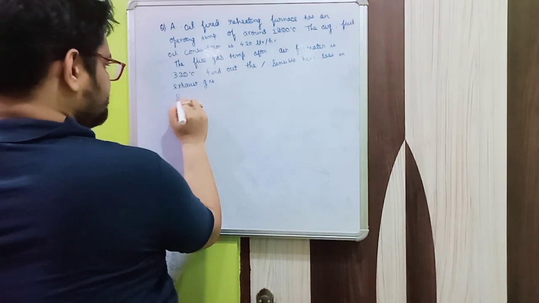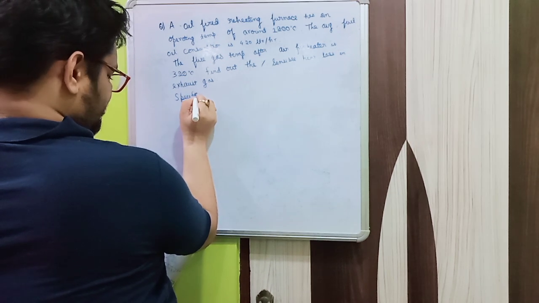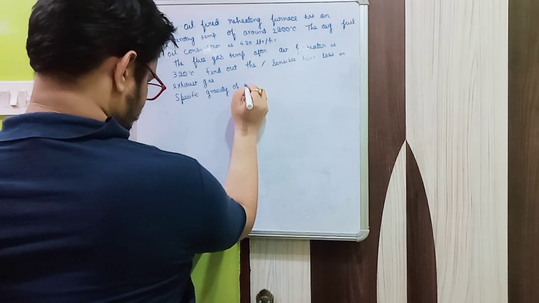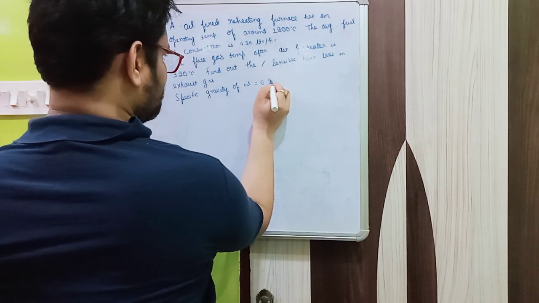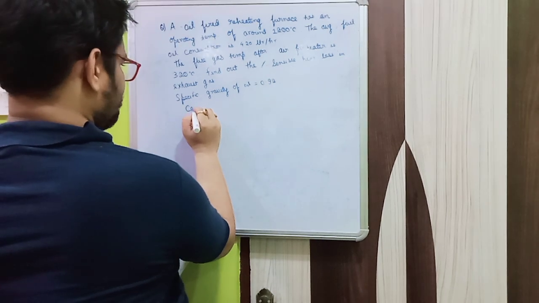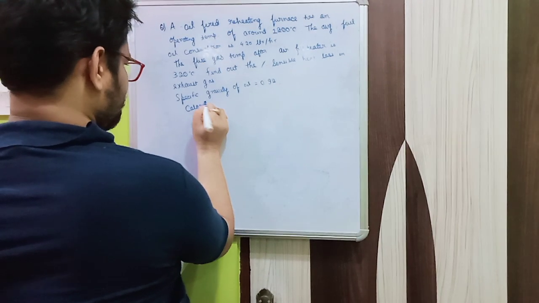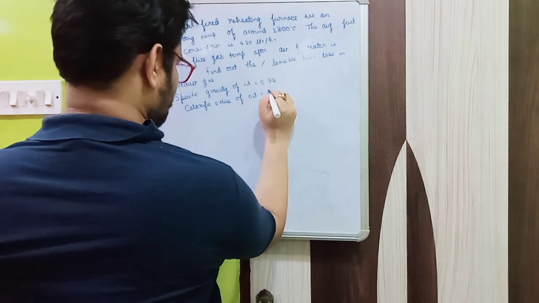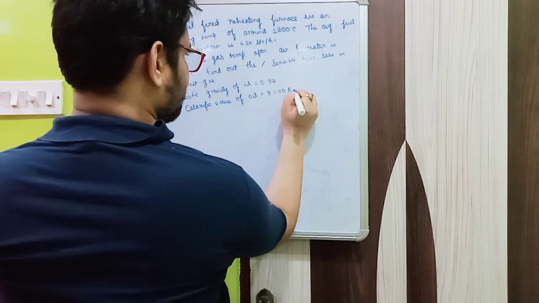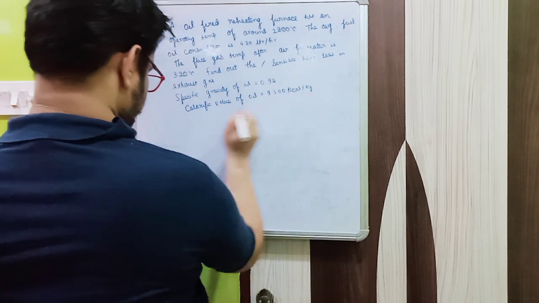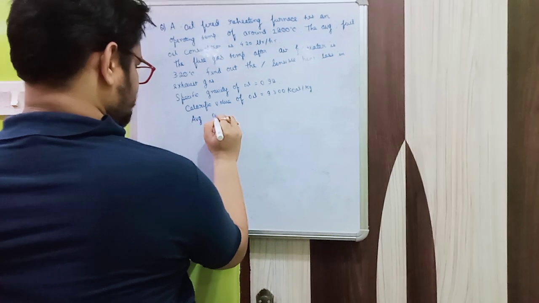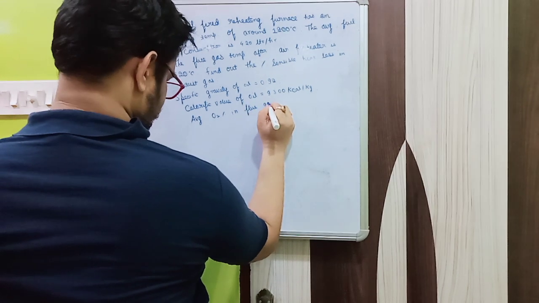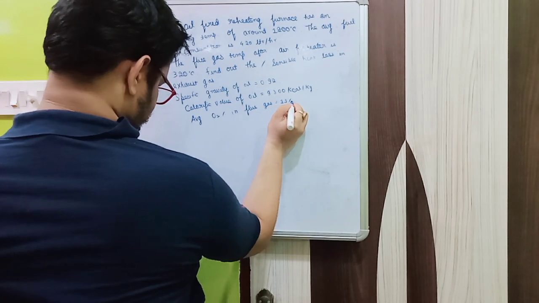So what are the given values? The specific gravity of oil is equal to 0.92. Calorific value of oil is equal to 9300 kilocalorie per kg. Average oxygen O2 percentage in flue gas is 13%.